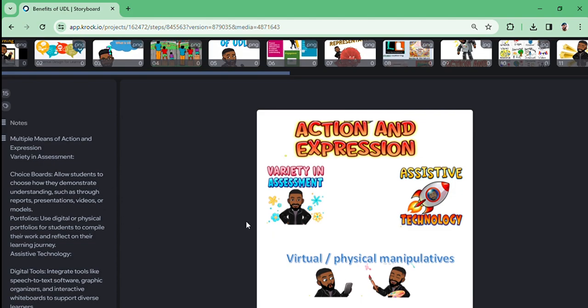We also need to ensure that we include hands-on and virtual activities so that we cater to those who might be kinesthetic or hands-on learners. And for those who might be better at writing, they may be better to use the virtual simulation that would allow them to be exposed to the same or similar content.